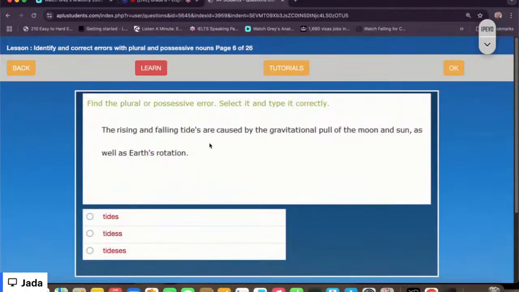The rising and falling tides are caused by the gravitational pull of the moon and sun as well as Earth's rotation.